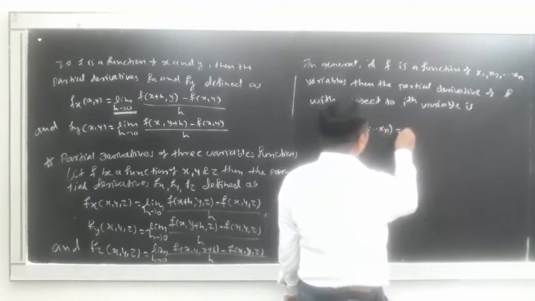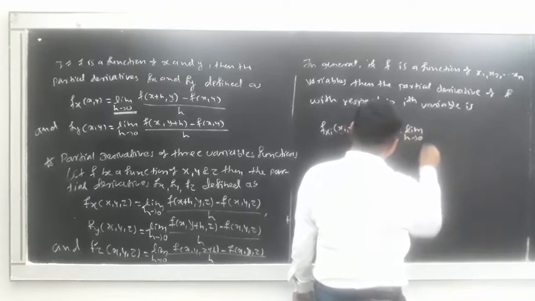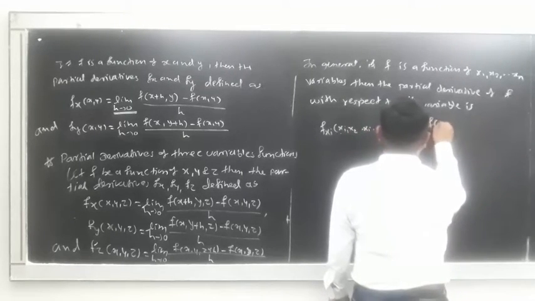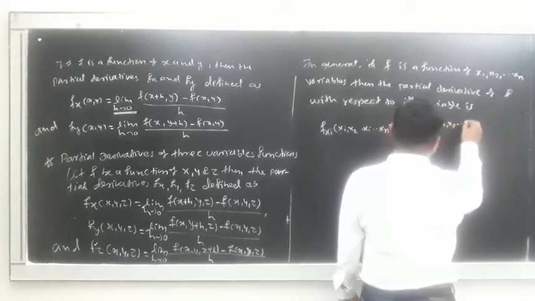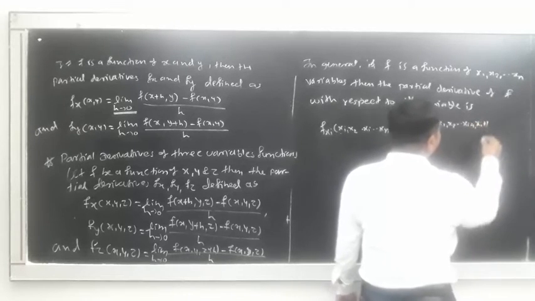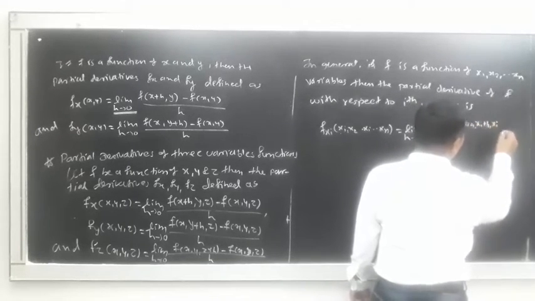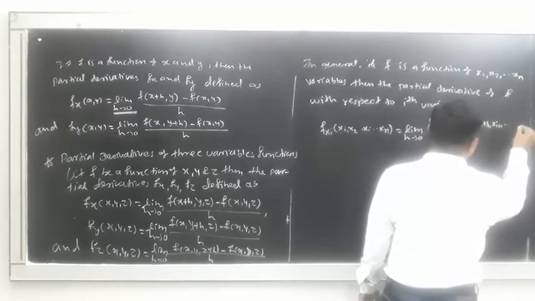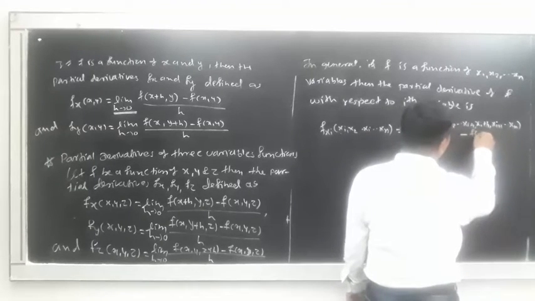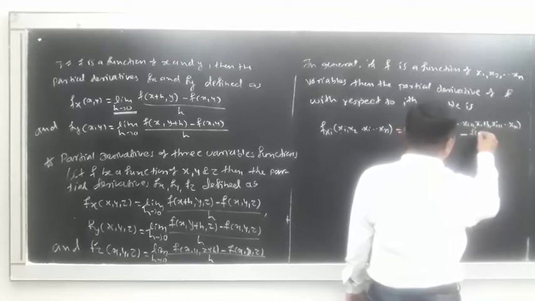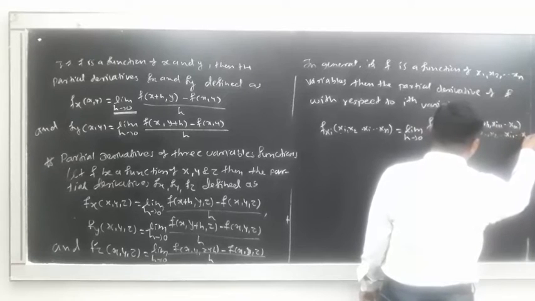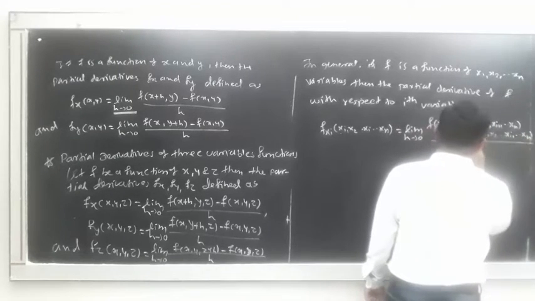And how do we write this? The limit as h tends to 0 of f(x1, x2, ..., x(i-1), xi + h, x(i+1), ..., xn) minus f(x1, x2, ..., xi, ..., xn), all upon h.